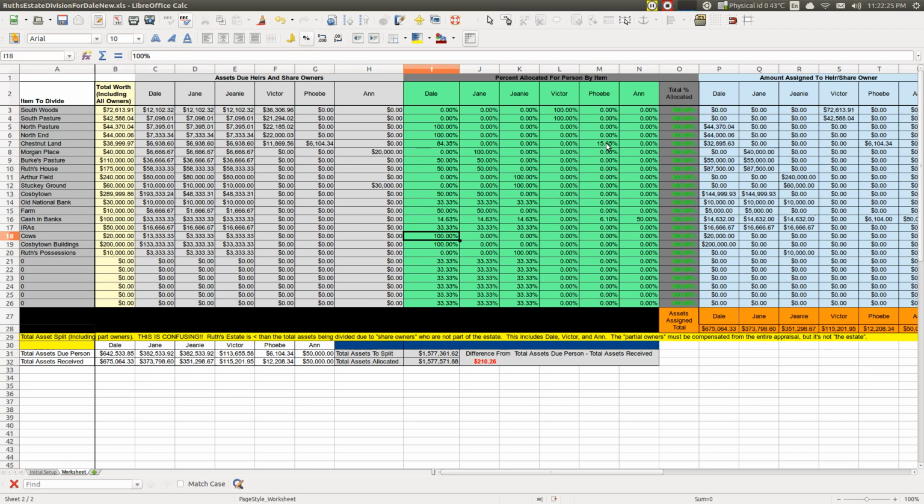And this shows you over here, I can't remember if I told you or not, the allocation for each person. Like, for instance, if you want to give all your cows to Jane, you can. But I assume you don't want to do that.